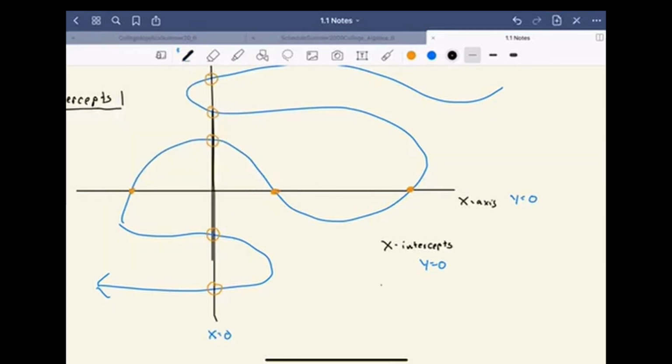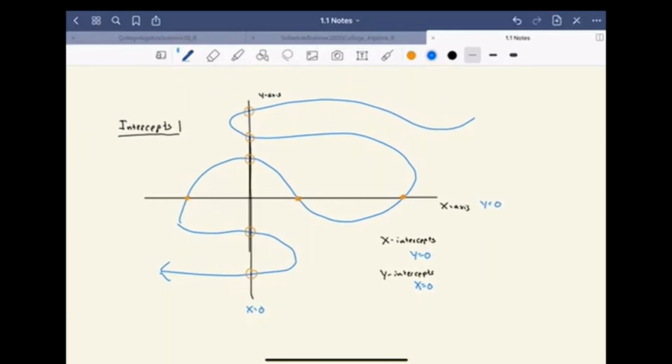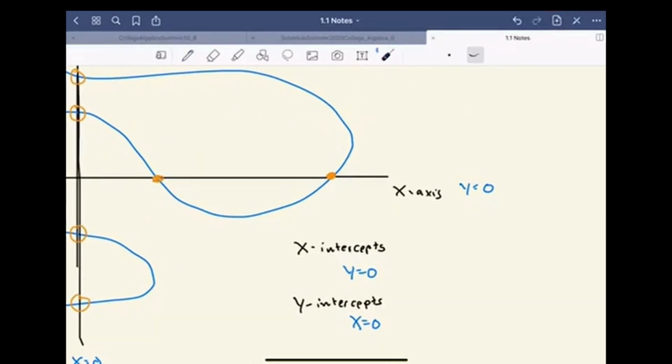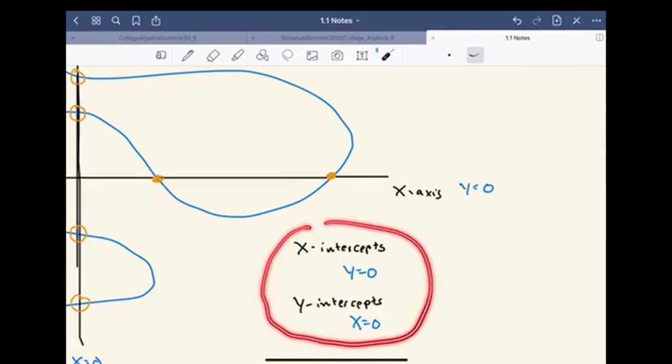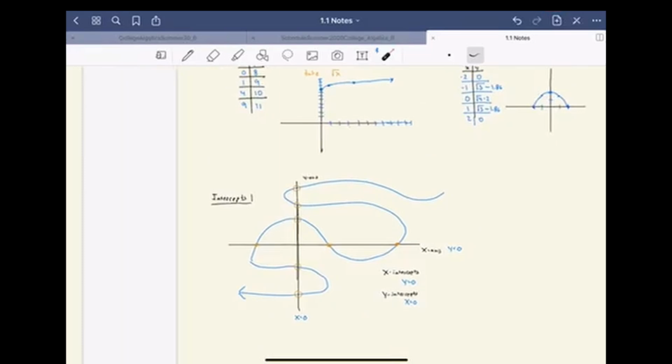So the y-intercepts are given by x equals 0. A little interesting, right? So a little bit, if you don't think about it for a second, you might get those mixed up. Okay, but once you think about them and see the drawing, okay, you can see how it works.